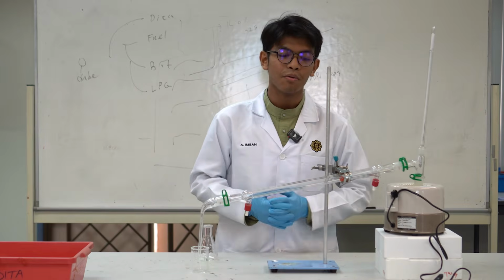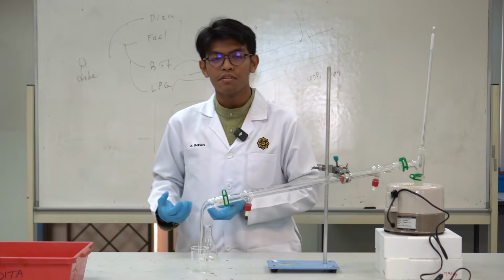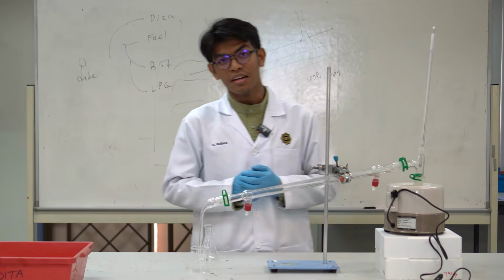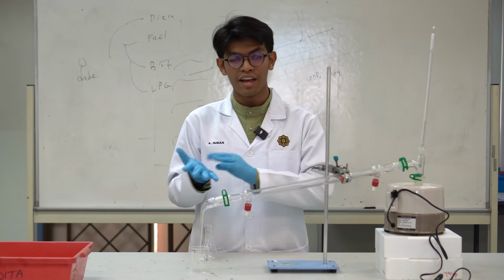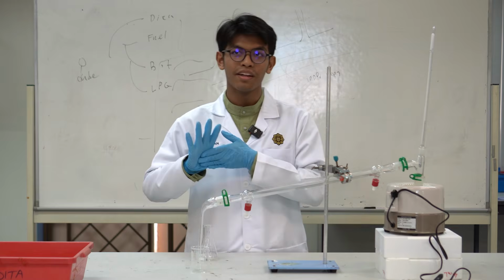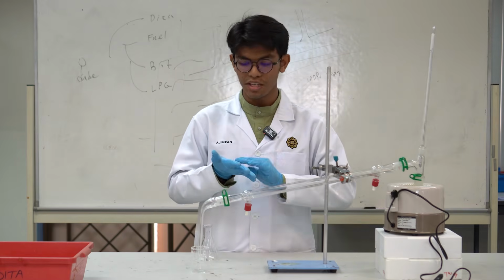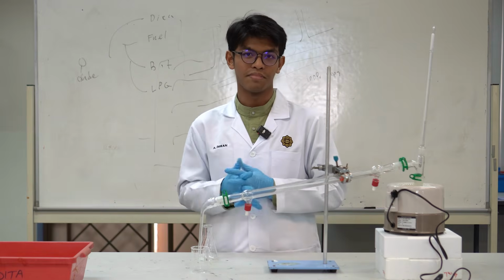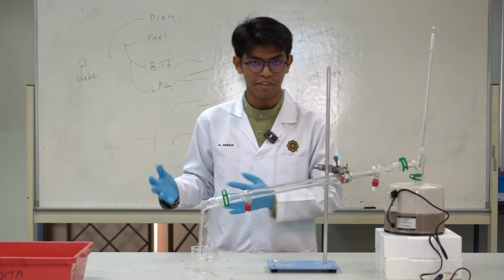Why? Because while handling chemicals, for example hazardous chemicals, concentrated acids and bases, they may splash on your hands or your clothes. For example, on your hand, it will cause your skin to corrode. So it is quite dangerous in terms of health.